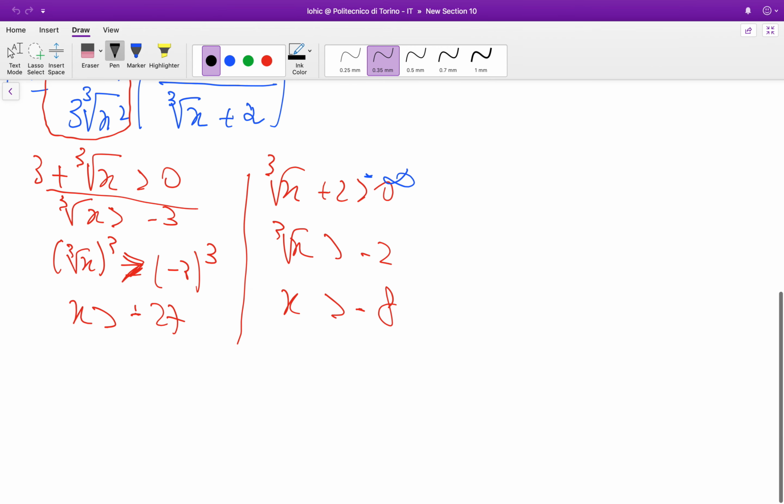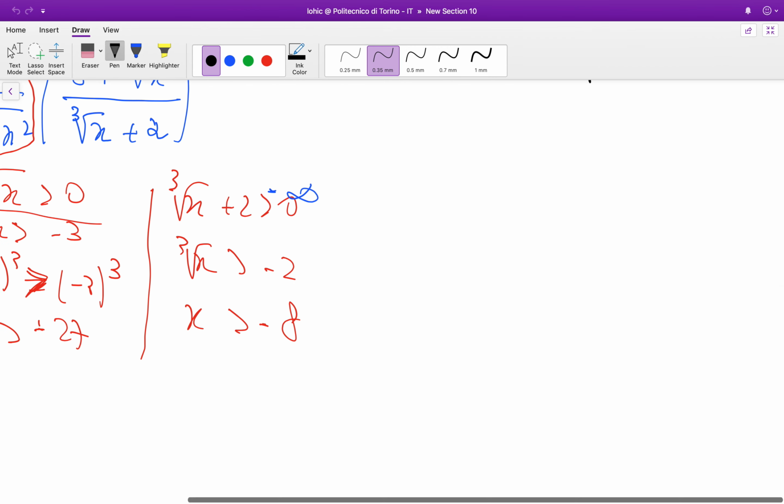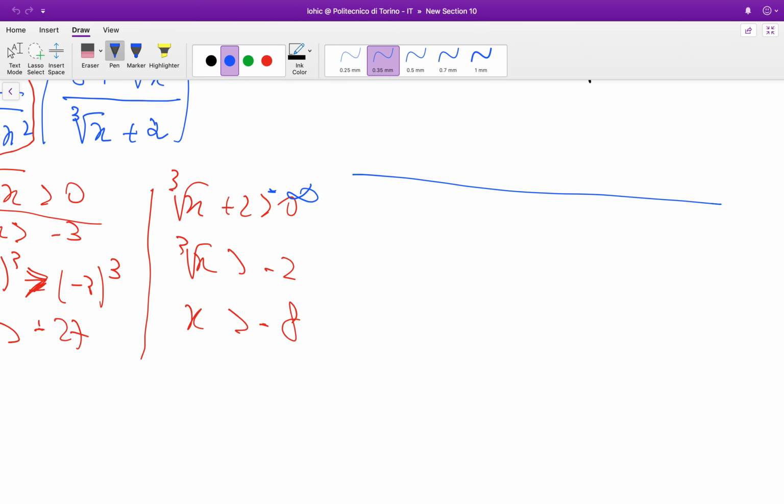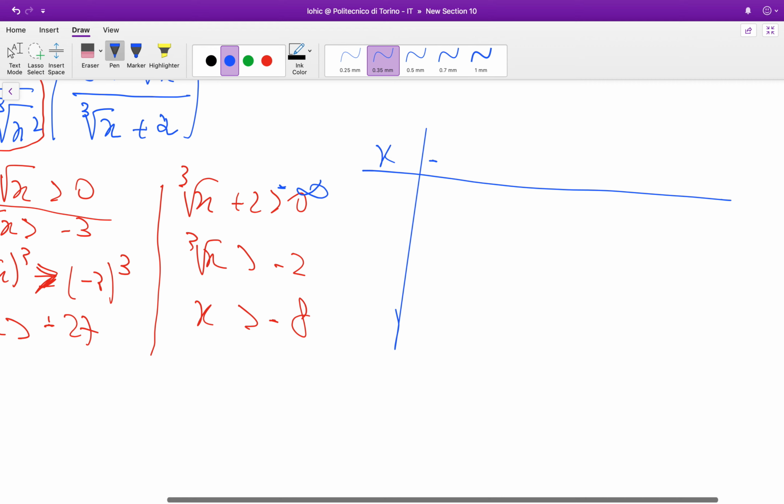Okay, so let's do another table for the function. The other table we do is the same scheme: x, minus infinity, minus 27, minus 8, 0, plus infinity.